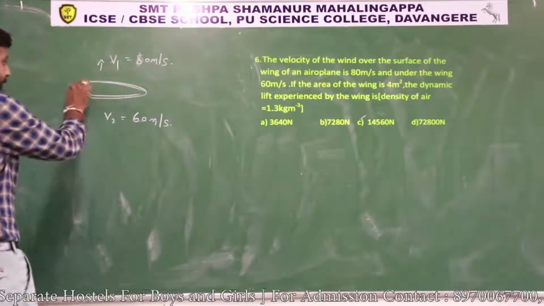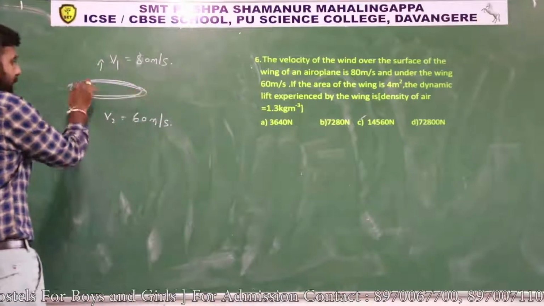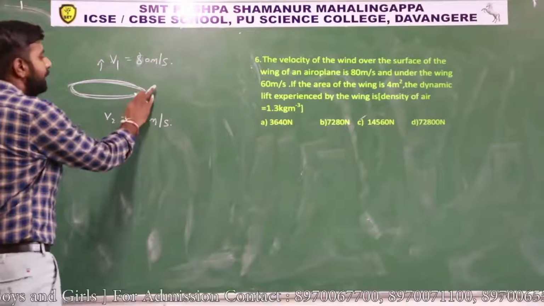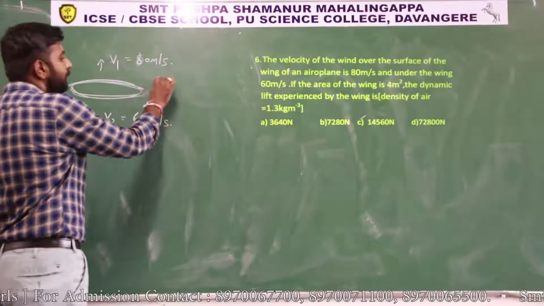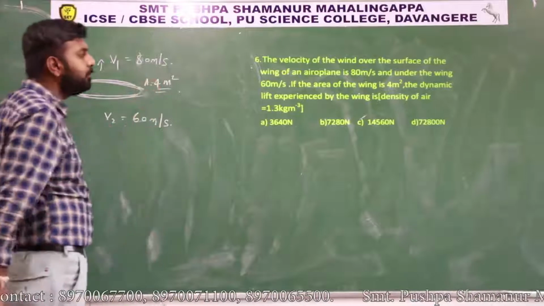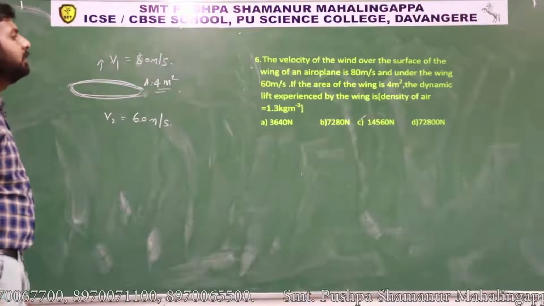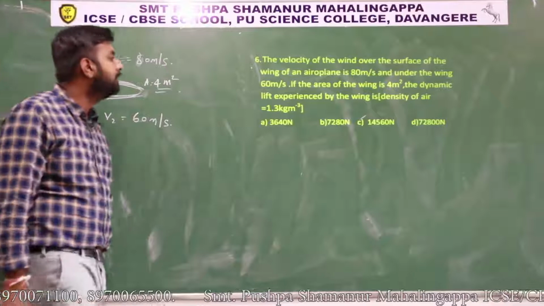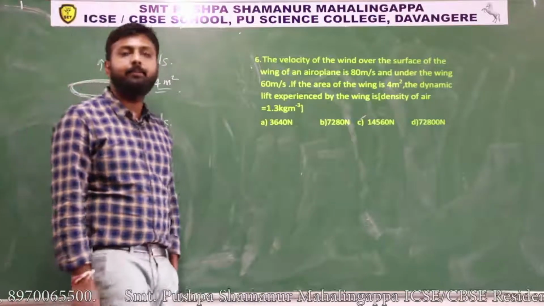If the area of the wing, let us consider it as 4 meter square. This is the area of the wing. We have to find the dynamic lift experienced by the wing.